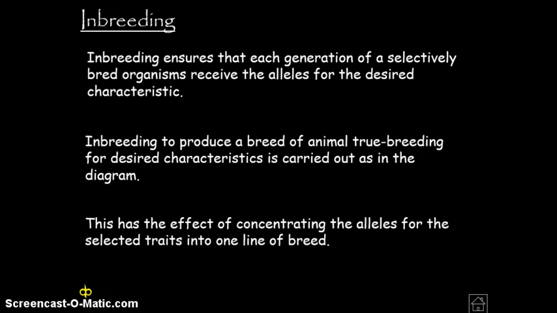Inbreeding ensures that each generation of a selectively bred organism receives the alleles for the desired characteristic. Inbreeding to produce a breed of animal, true breeding for desired characteristics, is carried out as in the diagram we've previously seen. This has the effect of concentrating the alleles for the selected traits into one line of breed.